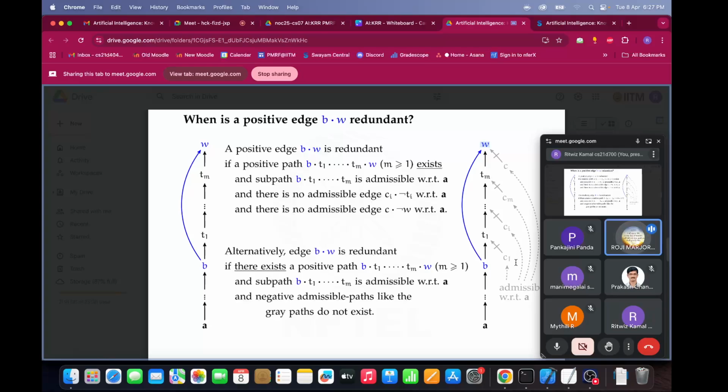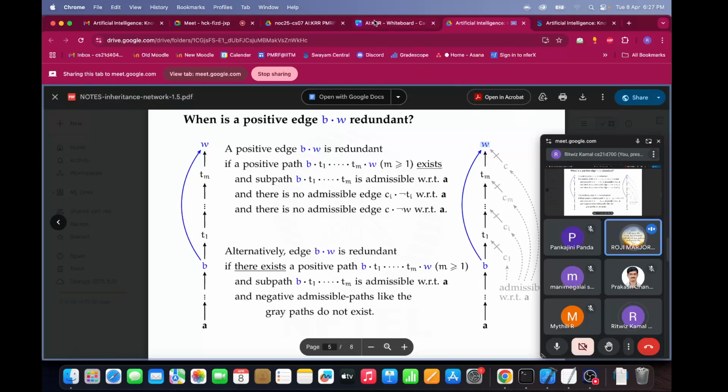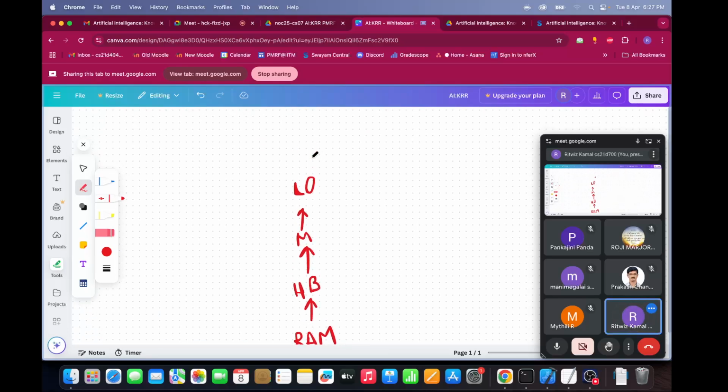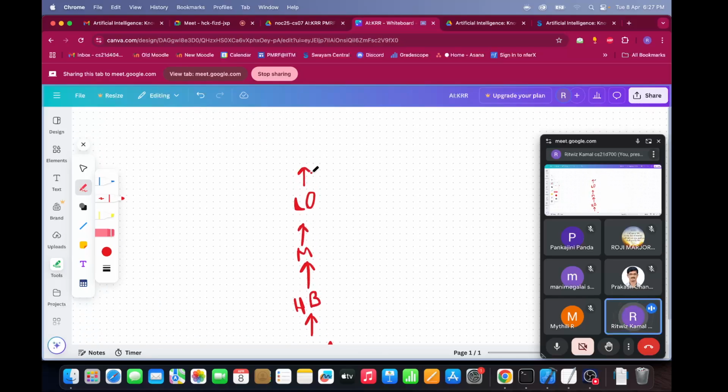Sir, can you please repeat the last part, sir? Yeah, let me actually try to explain it with an example. Let's say the lowermost node is a human being called Ram. Ram is a human being. Human being is a mammal. Mammal is a living organism. A living organism is a resident of Earth.